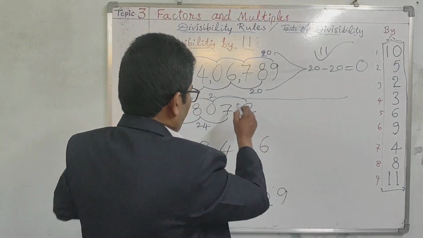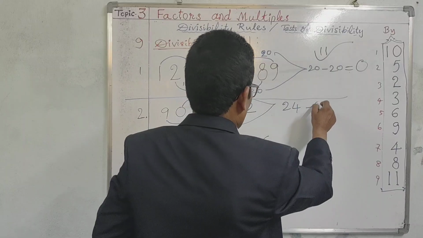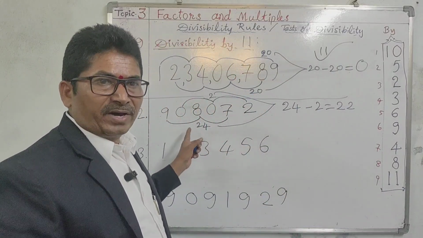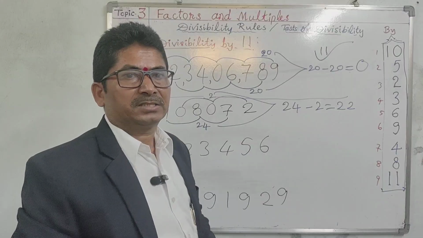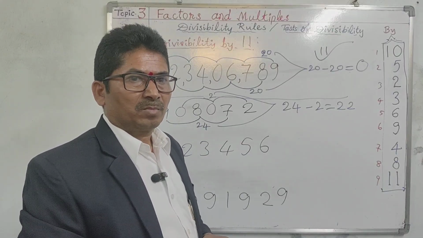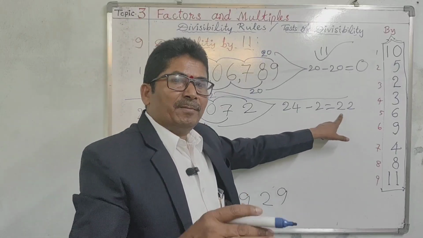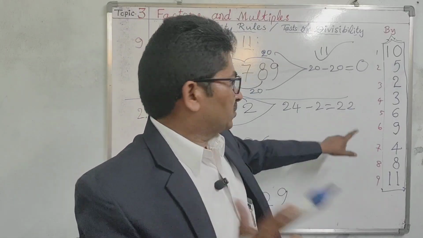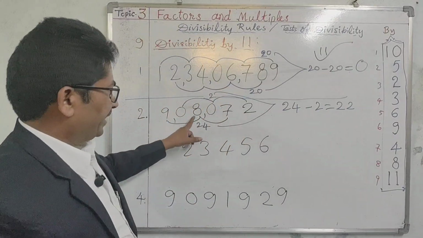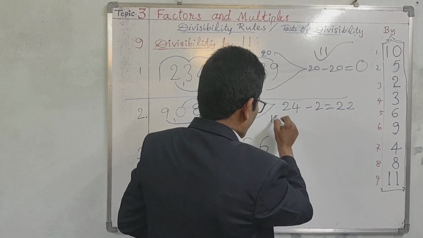So the difference of these sums is 24 minus 2, which is equal to 22. Is this divisible by 11? Yes, this is divisible. How can we say 22 is a multiple of 11? So that's why this number, 9,08,072, is also exactly divisible by 11.